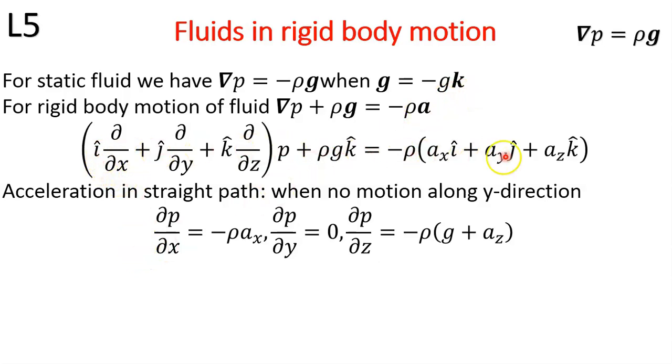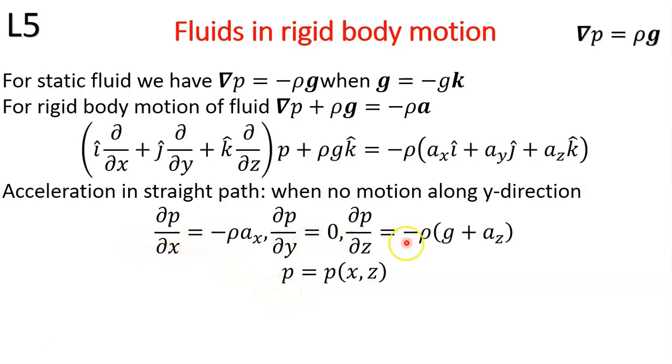So this equation can be split into three independent equations: del p by del x is equal to minus rho ax, del p by del y is equal to 0 because there is no action taking place along the y direction, and del p by del z is equal to minus rho times g plus az. That is the acceleration along the z direction and the acceleration due to gravity, which is acting along the z direction.